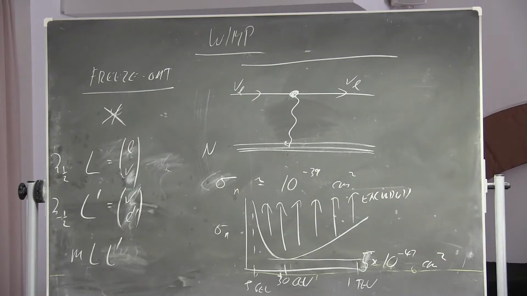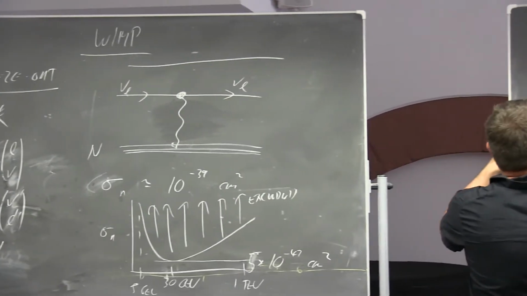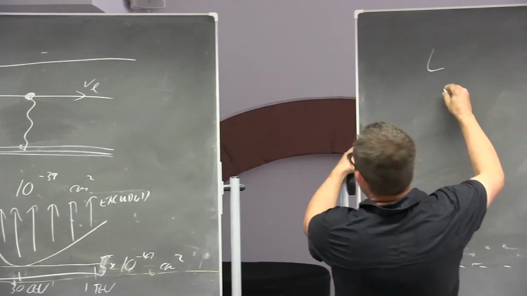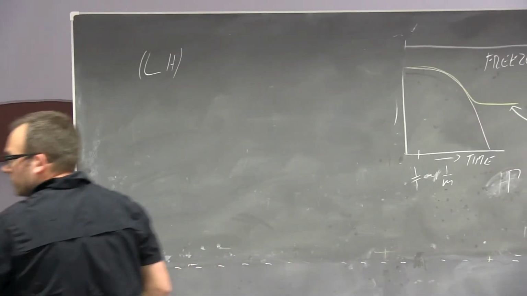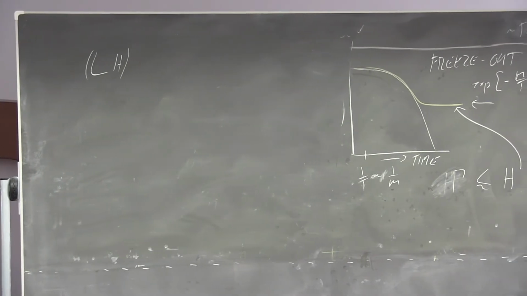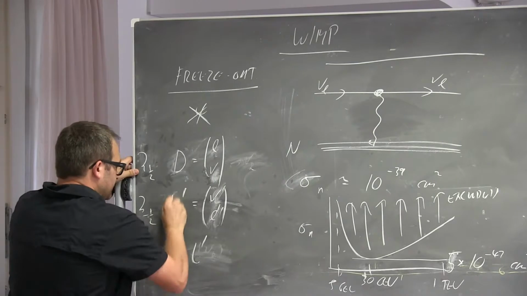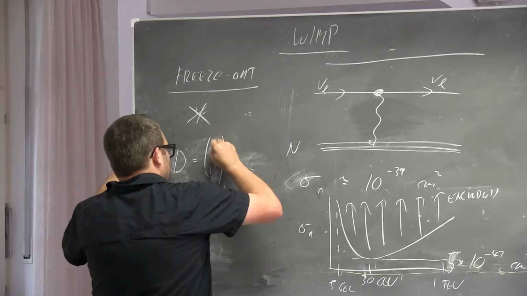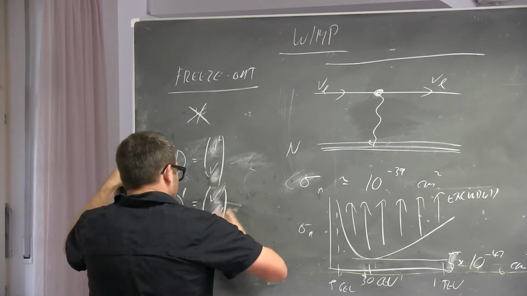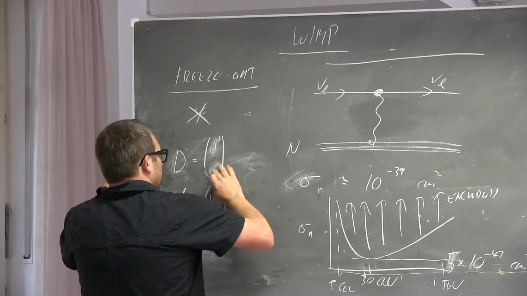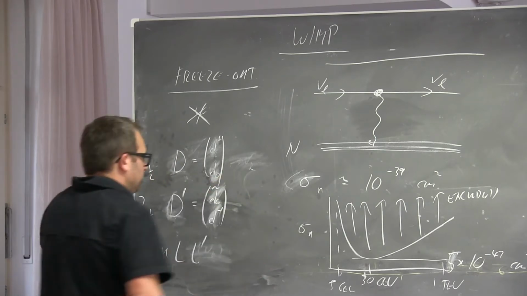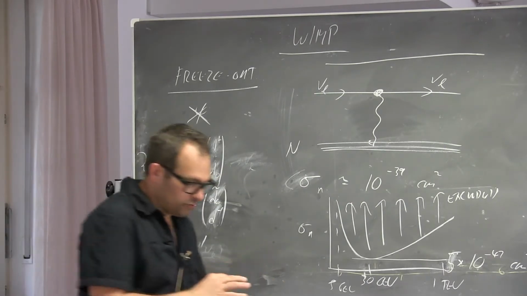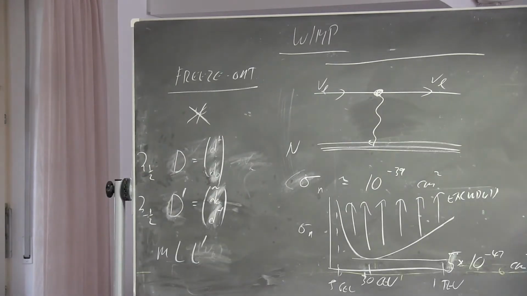But we talked about the Weinberg operator, which in this context would be L L H H. Let's give this a new name, this is smelling too much like a lepton. So let's call this D and call this D prime. And we'll call this D plus and D minus and D0 and D0 tilde, so you have no confusion that this is possibly a lepton anymore.